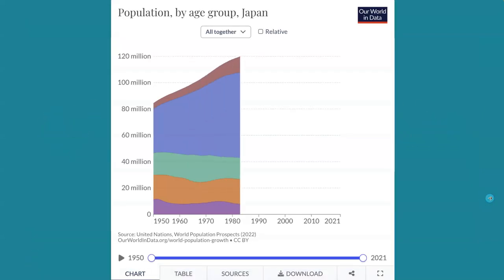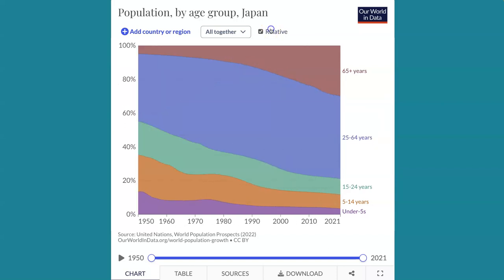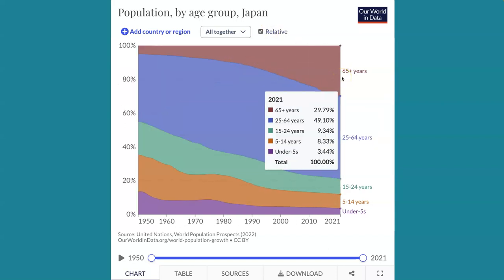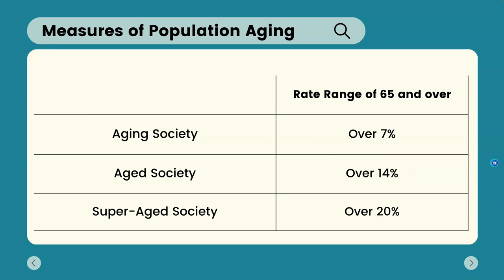So let's see in the United States. Again, this is the United States, and relatively, Japan is a super aged society based on this criteria.